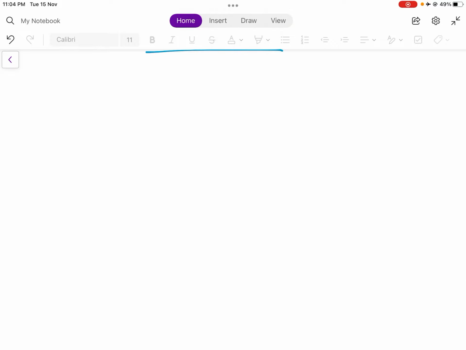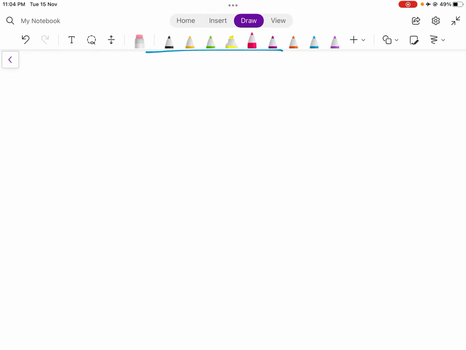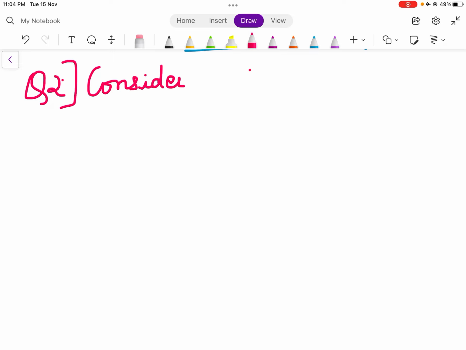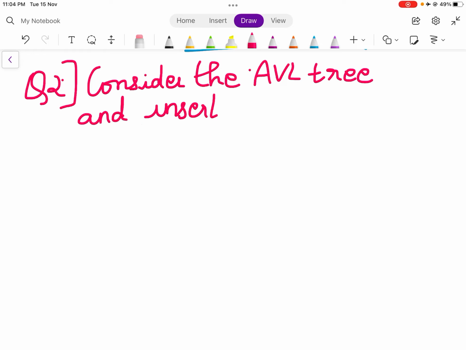So I will say one more example. Question 2 says, consider the AVL tree and insert 89 into it.